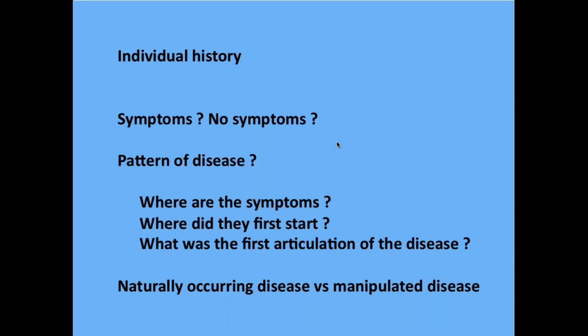The other thing that we look at that can give us clues about that vitality is, do we have the naturally occurring disease, or do we have the manipulated disease? And as we said earlier, does it make a difference? Was that easily manipulated? You did one little thing, and my gosh, the apple cart got totally upset, and things are just kind of coming undone right now.